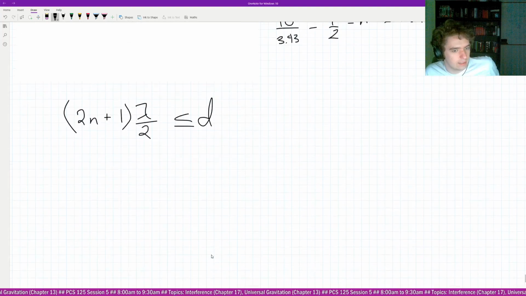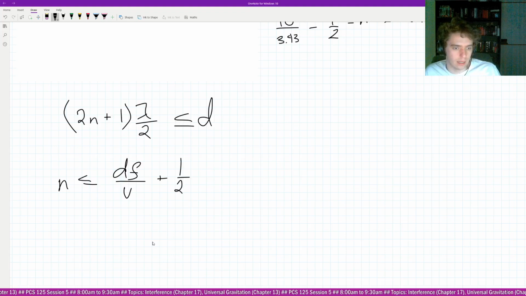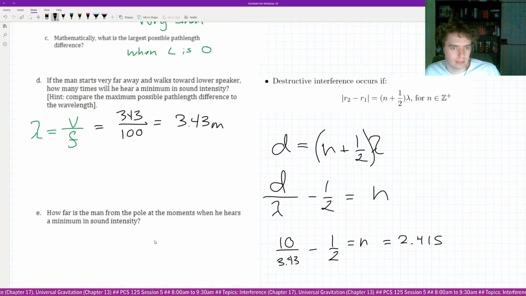Right. Okay. So it's just solve for n here, and that'll be the bound on n. What we get is that n is less than or equal to d times f over v plus a half. So there's a maximum value for n here, which is this, and that is the maximum distance away.